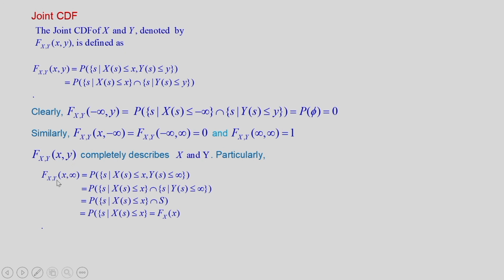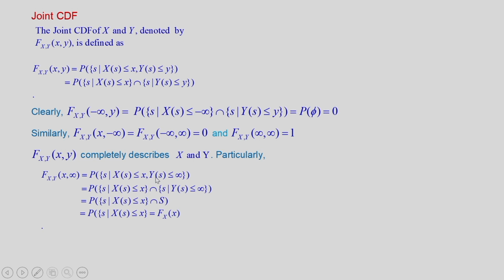Particularly, if we consider F_XY at point (x, infinity), by definition this is equal to the probability of s such that X(s) is less than or equal to small x and Y(s) is less than or equal to infinity.